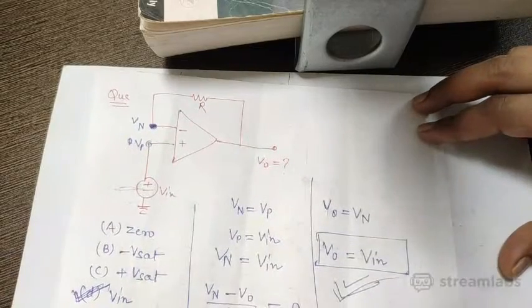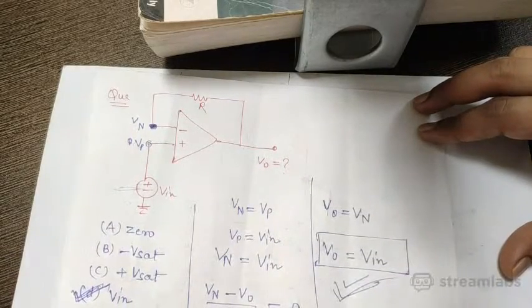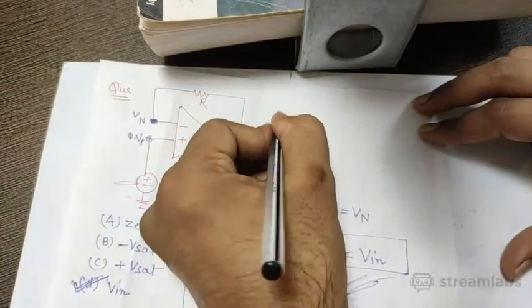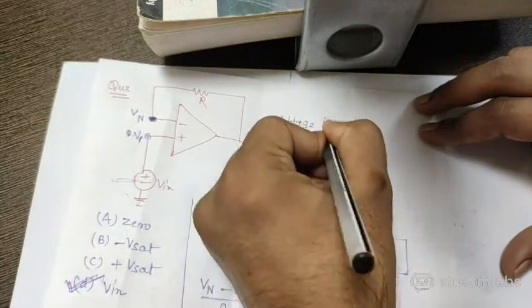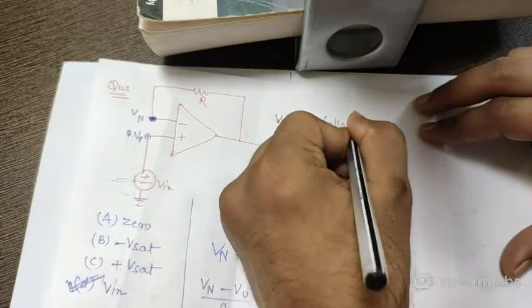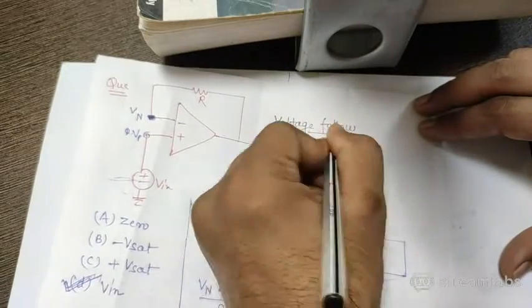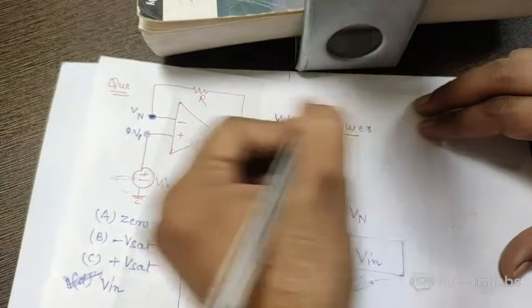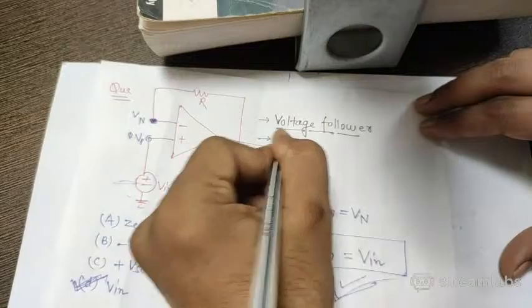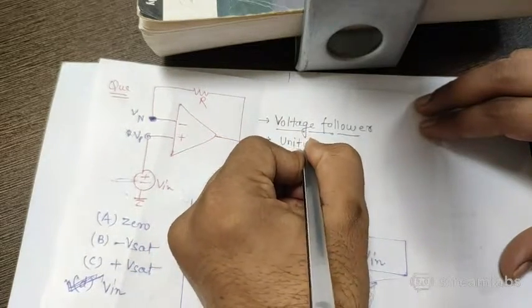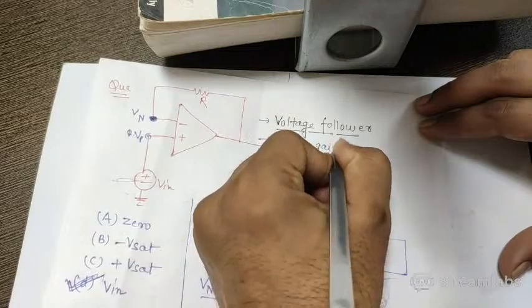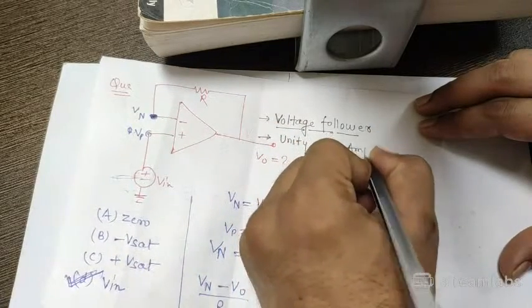Okay, before I give the reason, let me tell you its name. The name of this circuit is voltage follower. This circuit is called a voltage follower circuit, meaning it follows the input voltage. One other name given to this is unity gain amplifier.